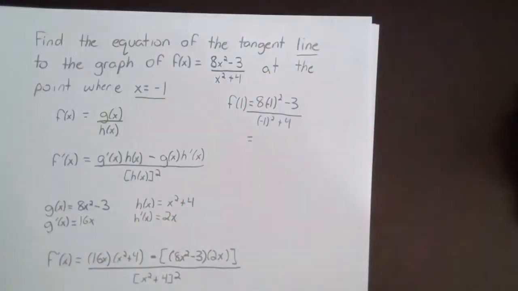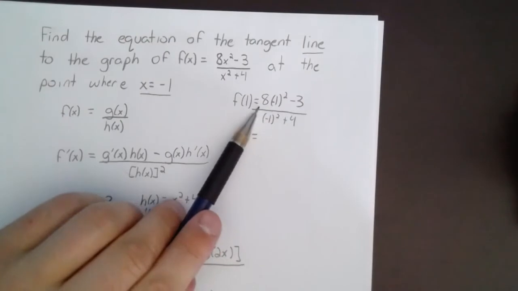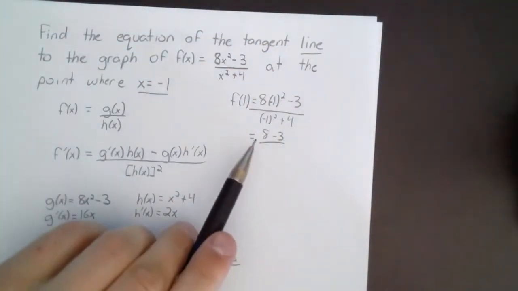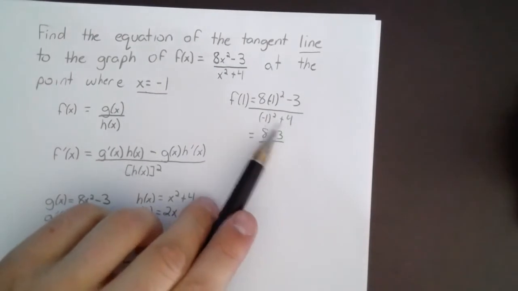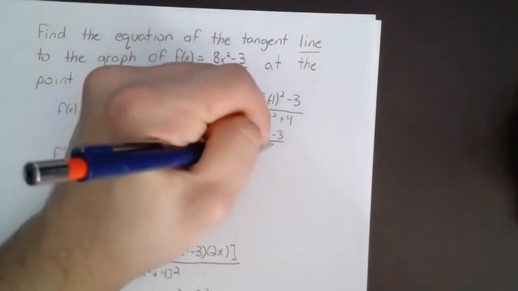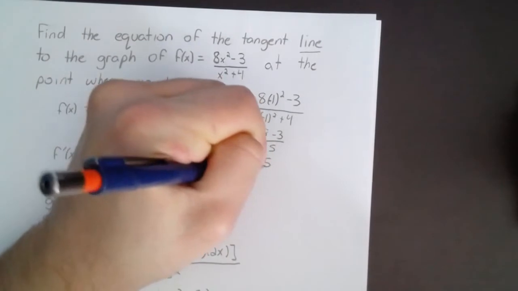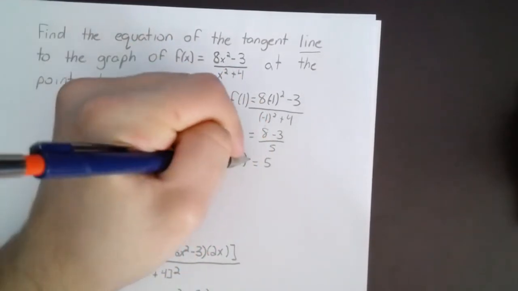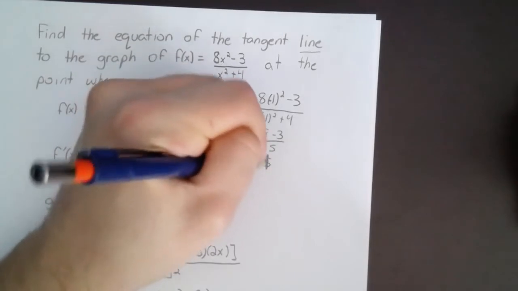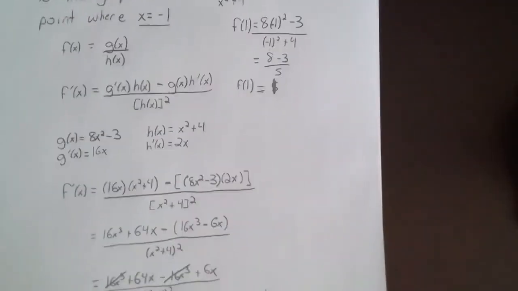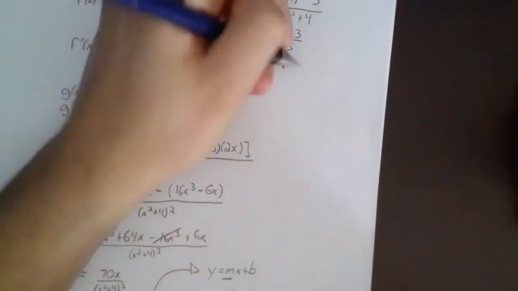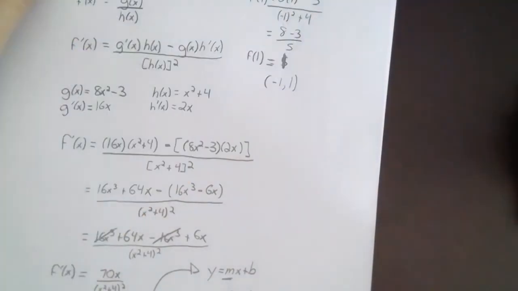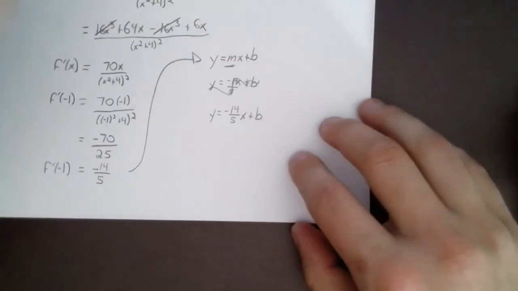So negative 1 squared is just 1. 1 times 8 is 8, minus 3 is 5, and negative 1 squared is 1, plus 4 is 5. So it's 5 over 5, which is just 1. Okay. So now I can sub that point, negative 1, 1, into my equation for my tangent line.